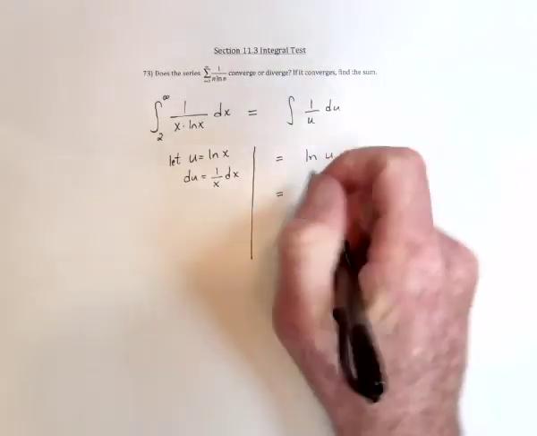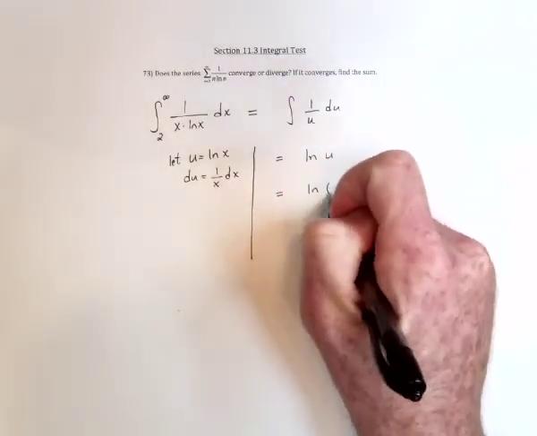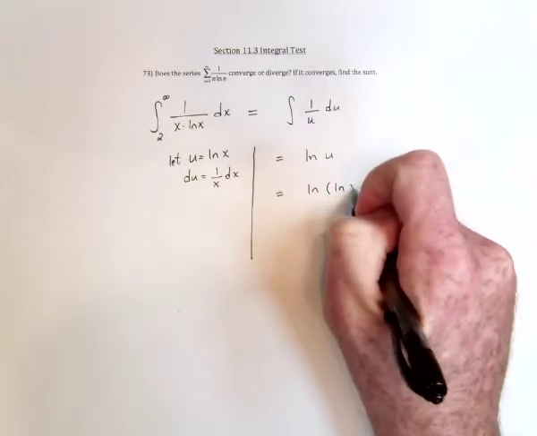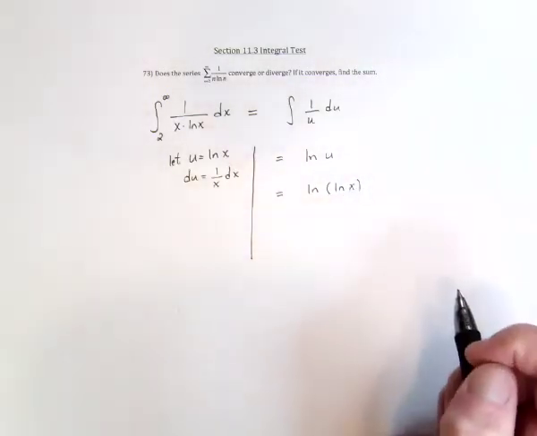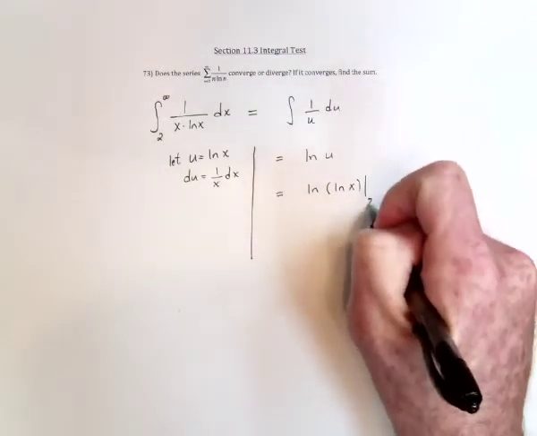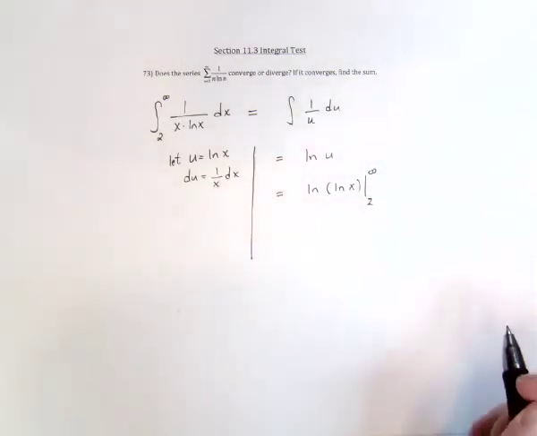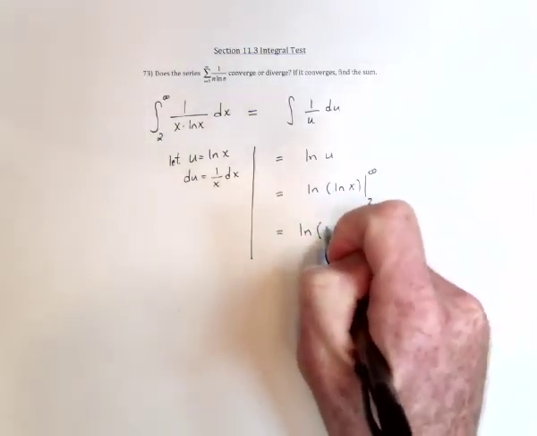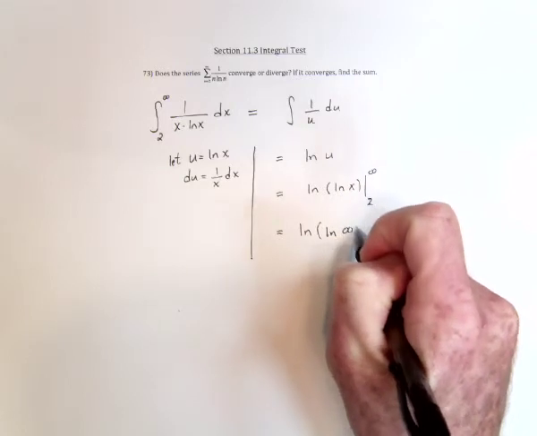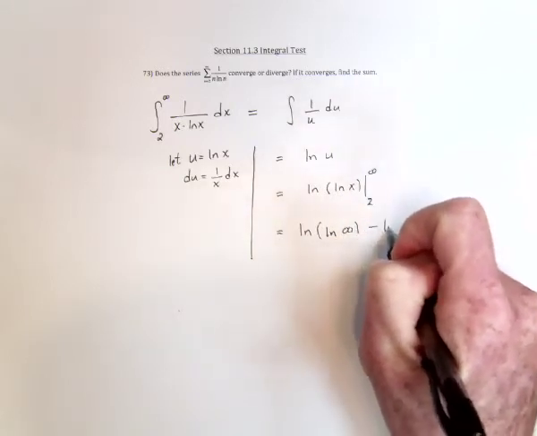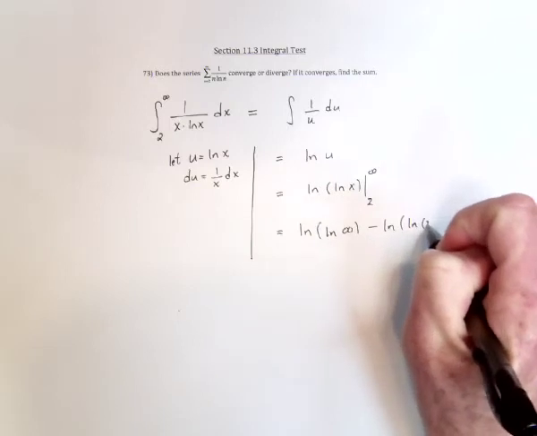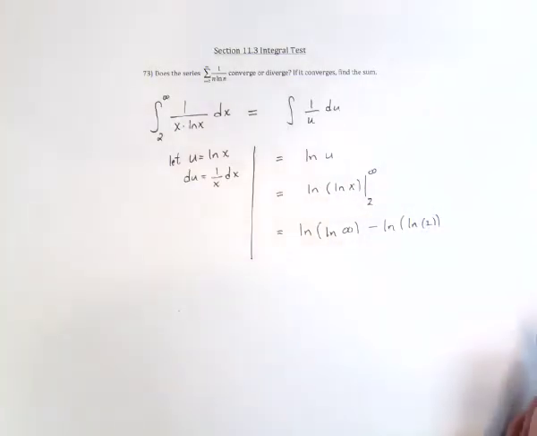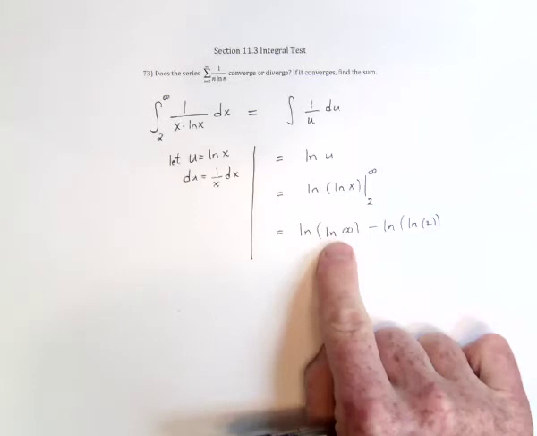So this is going to be the natural log of x, nested natural logs, evaluated from 2 to infinity. When you substitute infinity, we're going to have the natural log of x as x goes to infinity, minus the natural log of 2. Well, natural log of infinity means follow the natural log graph out to the right, and you'll see that it goes up forever.